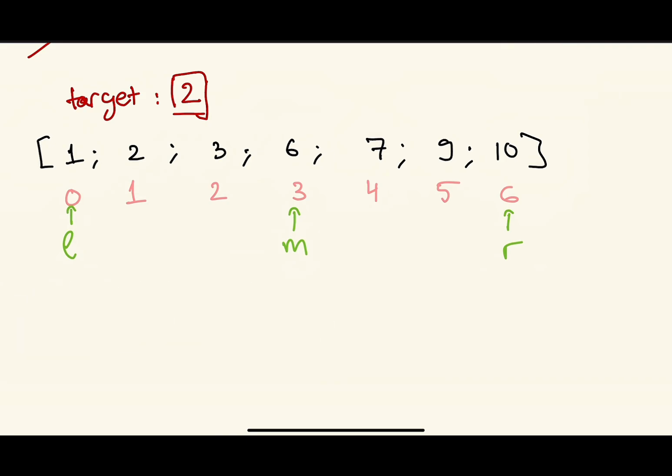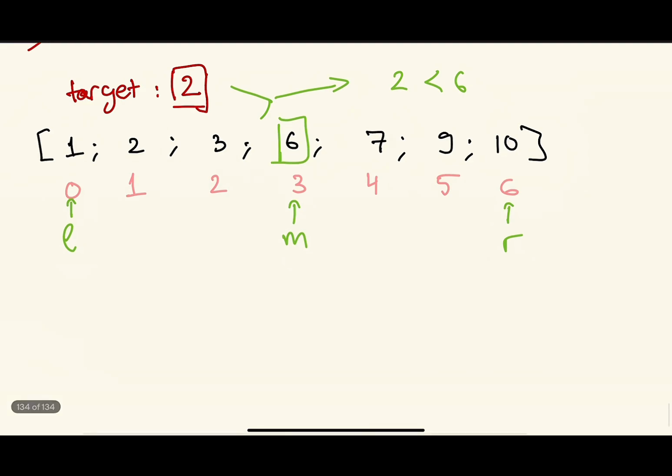What you're going to do here is compare the value at the m index with the target value. Because 2 is smaller than 6, before doing anything, you will know that when you pick the number 6 here, every value to the right of 6, in this direction, is going to be bigger than 6, and every value to the left is going to be smaller than 6.